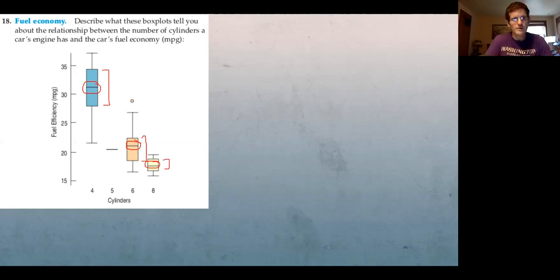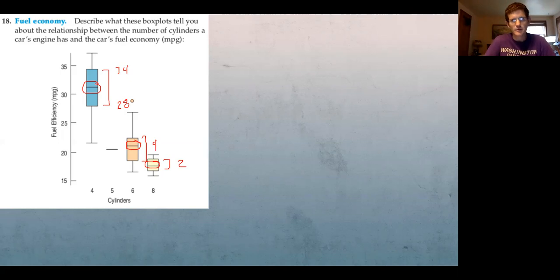We can use actual numbers because we can see approximately that's 34, and this is maybe 28. So you could say the IQR goes from 6 to, I'm going to guess, 4 to 2. So the IQR goes from 6 to 4 to 2.